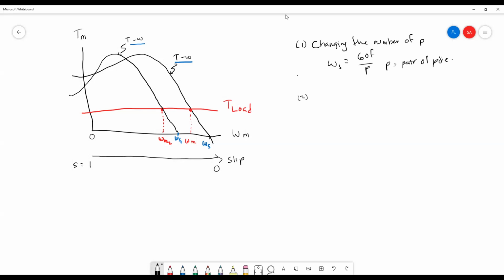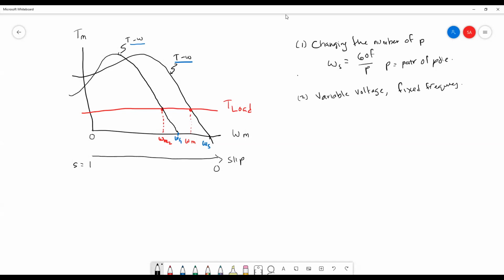The second one is by changing the voltage input: variable voltage, but the frequency is fixed. This is a typical and popular method to control the speed of the motor.